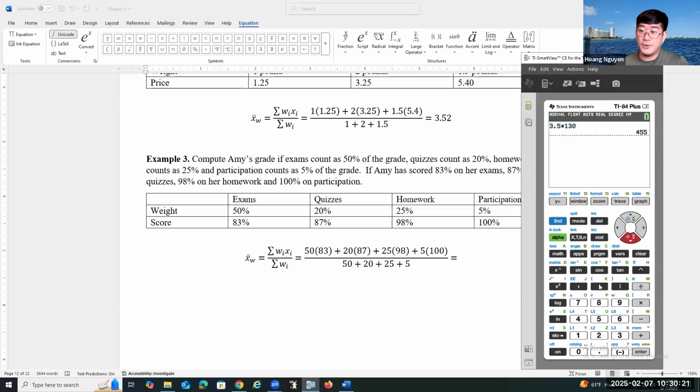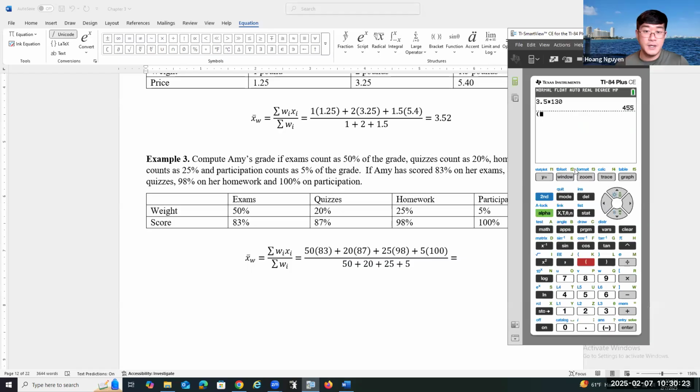Now let's input the calculation. I need to get the parentheses. So 50 times 83, plus 20 times 87, plus 25 times 98, plus 5 times 100.